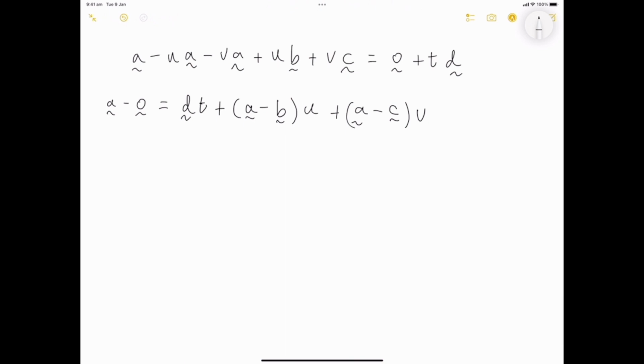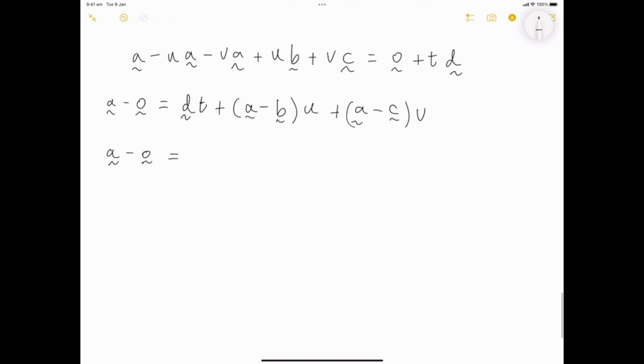If you look at this really carefully, this is a linear combination of vectors. Point A minus the origin, that is a vector, that's a vec3.